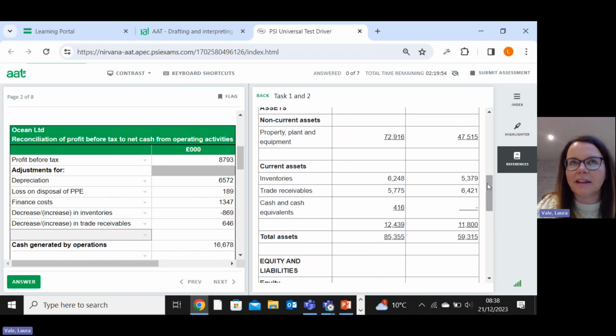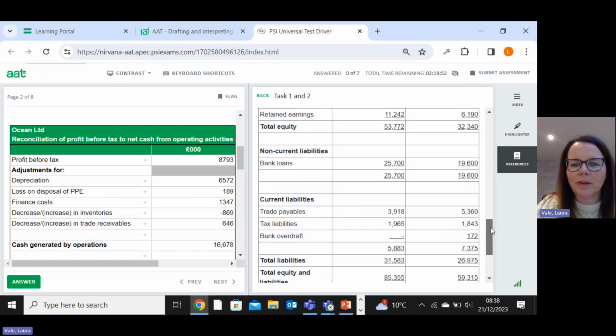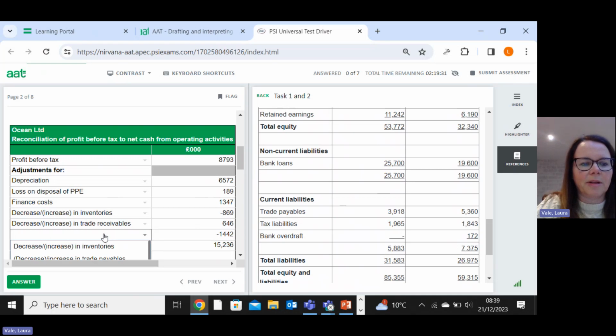And then finally, the trade payables, which has gone down. So if I owe my suppliers less money than before, that means I must have paid out more money, so my money must have gone down by the difference in trade payables. So that is 1442. And let me just put that in there.